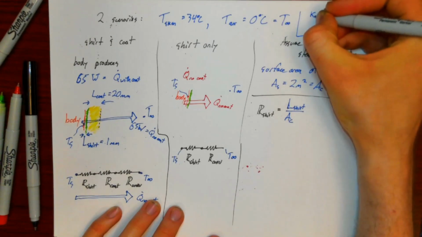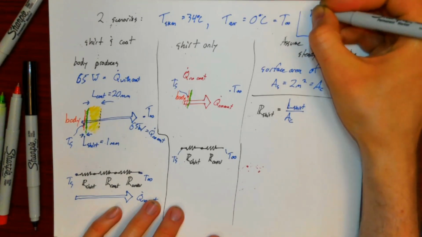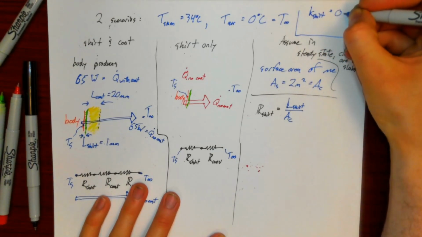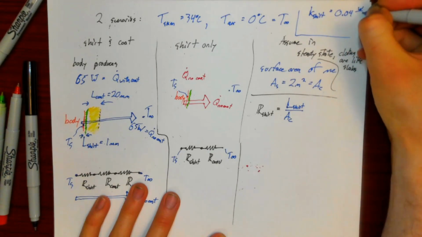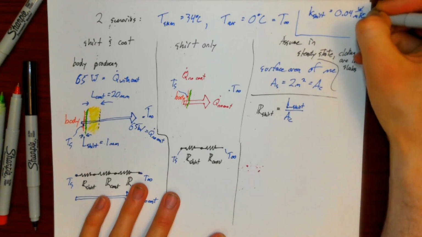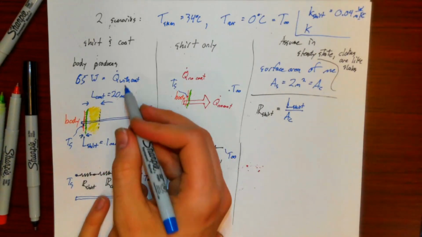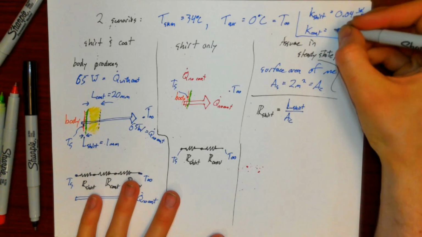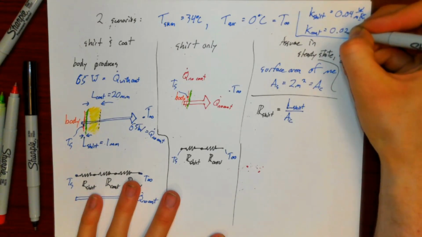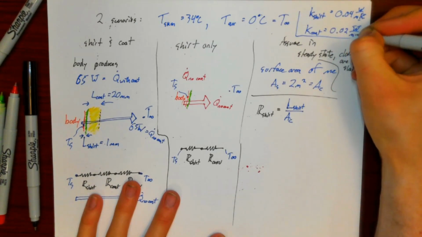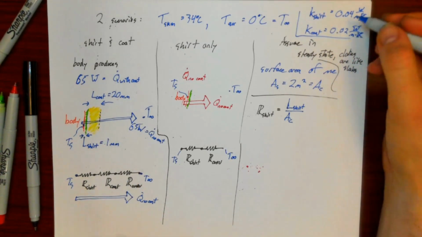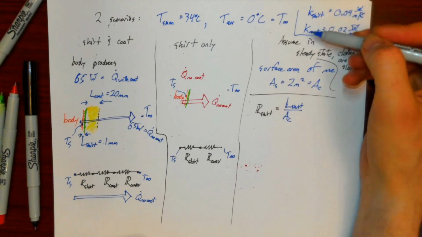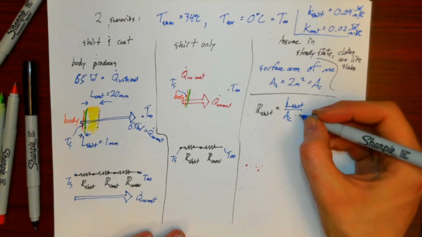The thermal conductivity of cotton that would make up the shirt is about 0.04 watts per meter Kelvin, and let's say my coat is made of a real high performance material that has a lower thermal conductivity of 0.02 watts per meter Kelvin. I should have given the K's earlier in the problem, but we're treating those as knowns.